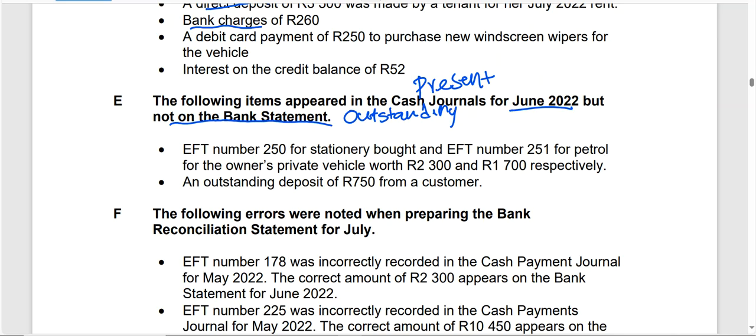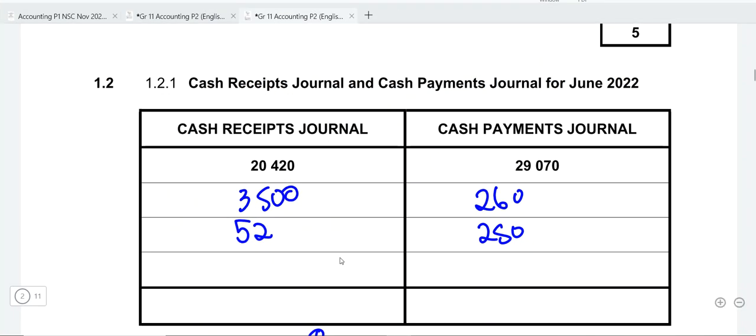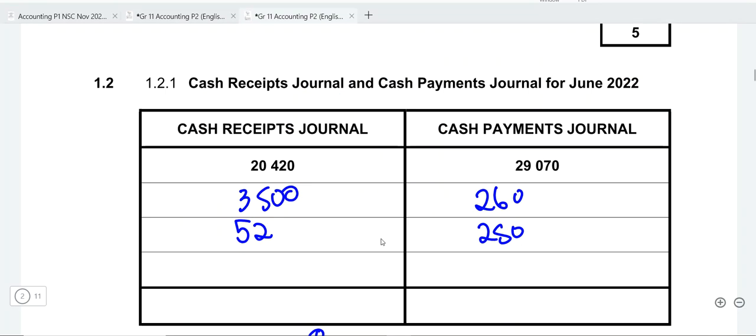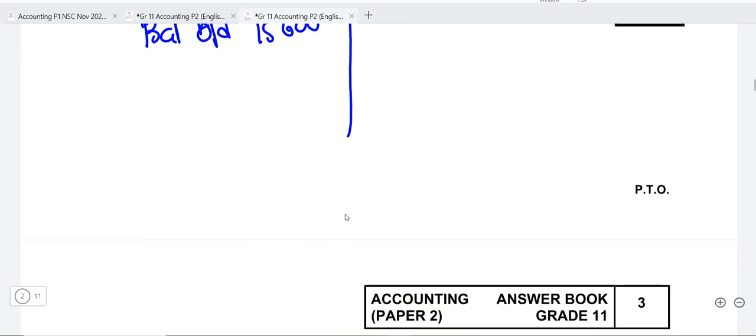So we have EFT number 250 for stationery board and EFT number 251 for petrol for the owner's private vehicle worth 2,300 and 1,700 respectively. So we're going to enter these outstanding EFTs in our BRS. So we're going to go to that part.